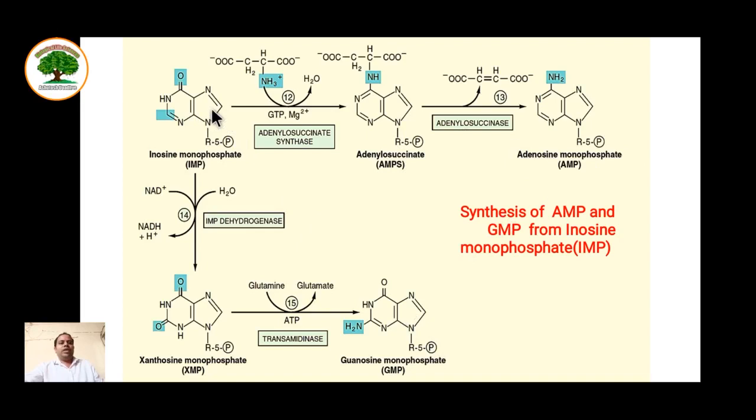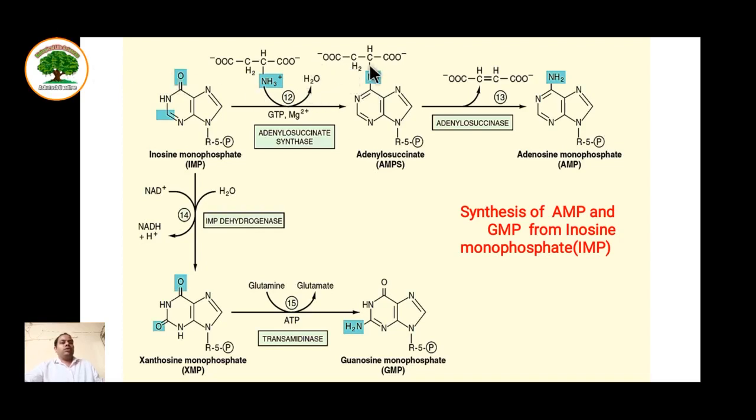First of all, the inosinate monophosphate is acted upon by the adenylosuccinate synthetase enzyme. Here, there is a requirement of GTP and Mg2+ ions, and it is converted into adenylosuccinate. You can see here the group attached here is at the nitrogen position. The oxygen is removed from here and an amine group is attached here.